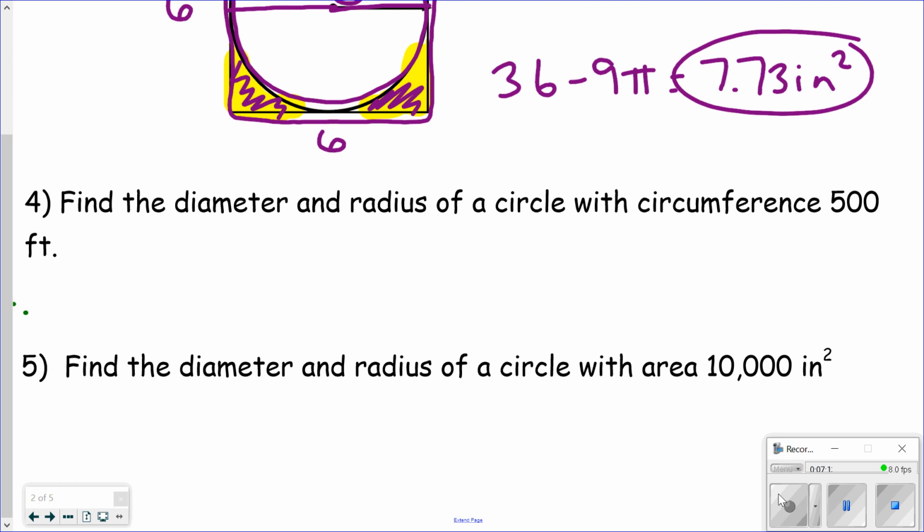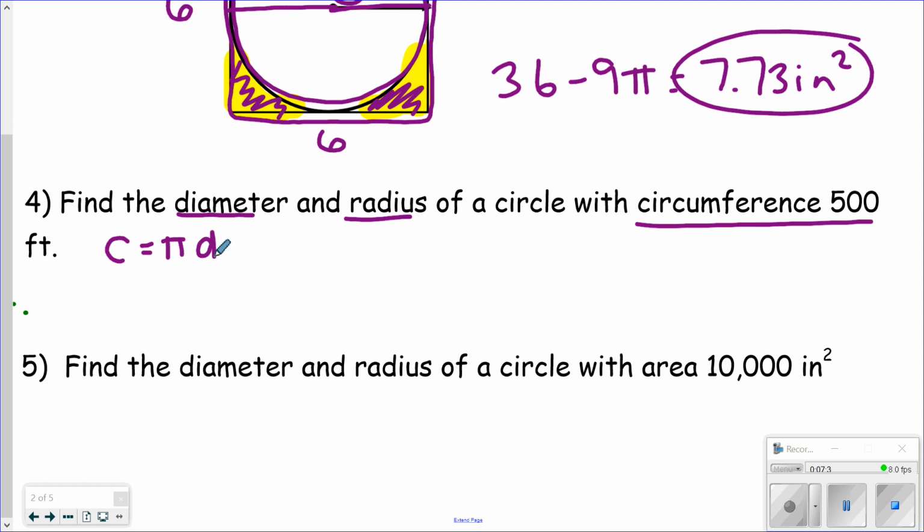Question number 4, we want to find the diameter and the radius of a circle with a circumference of 500 feet. All right, so there are 2 equations for circumference. The first one is circumference is equal to pi times the diameter.